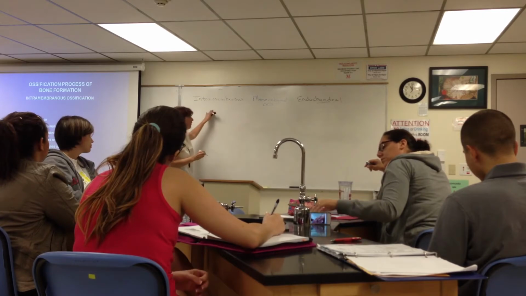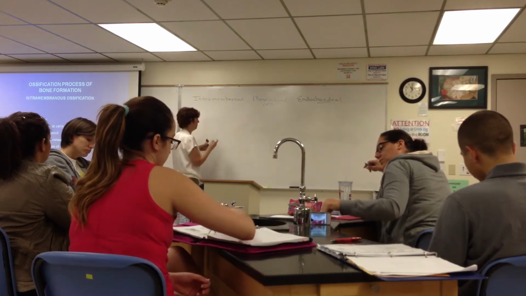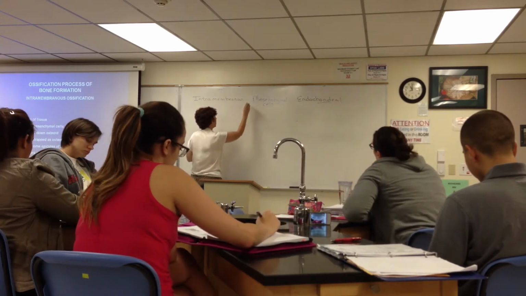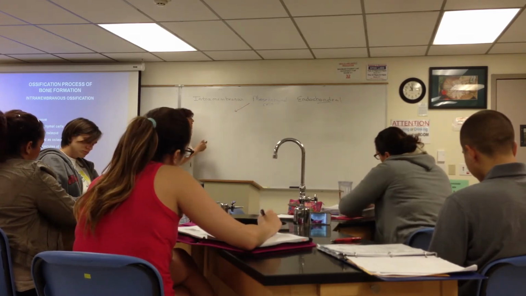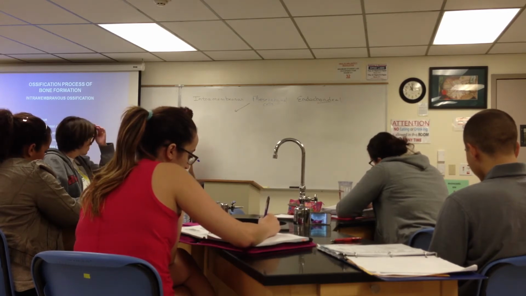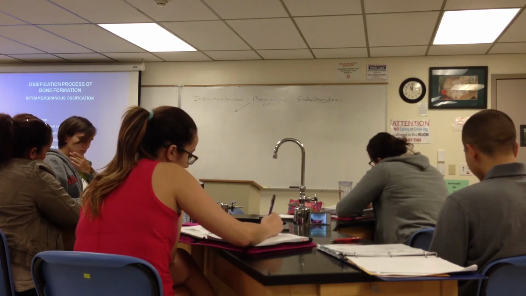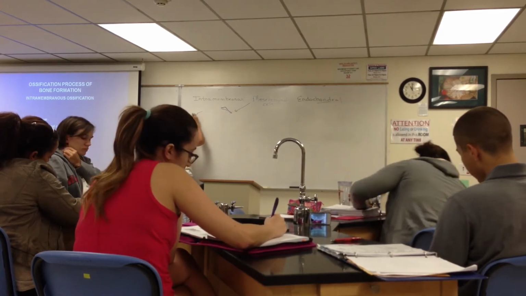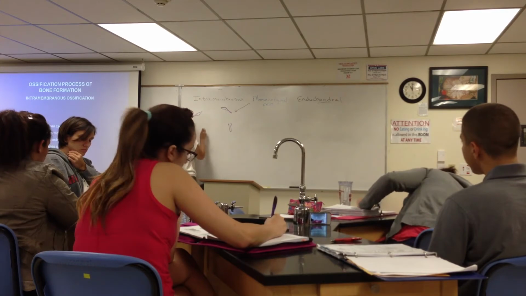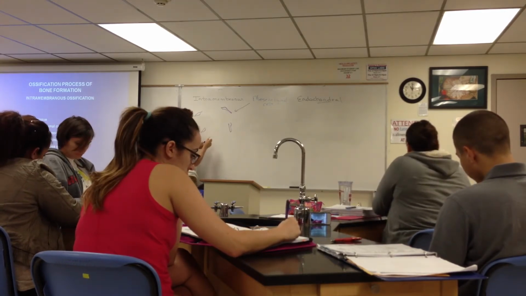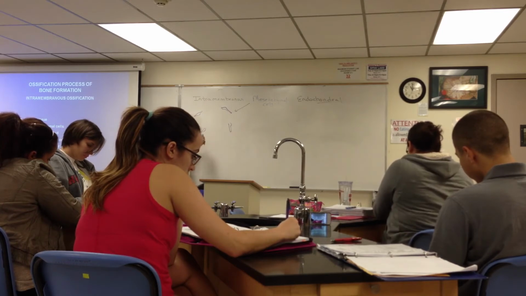And in the case of intramembranous ossification, the mesenchymal cells are going to develop into two tissues. They are going to develop into fibroblasts. So the purple cells will be mesenchymal cells. And they will develop into osteoblasts. All right?